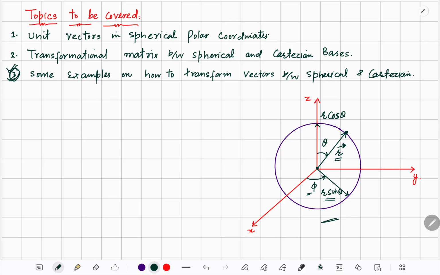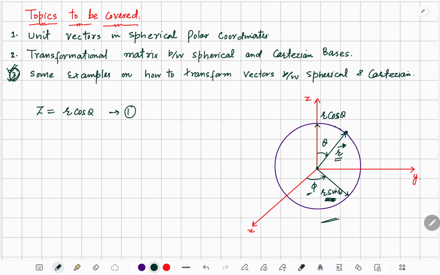Now, z is equal to r cos theta, because r cos theta is the projection along the z-axis. So z is r cos theta. This is the first equation.